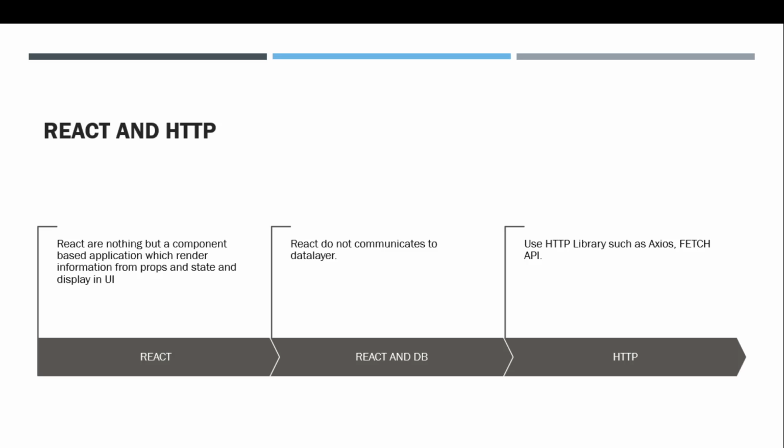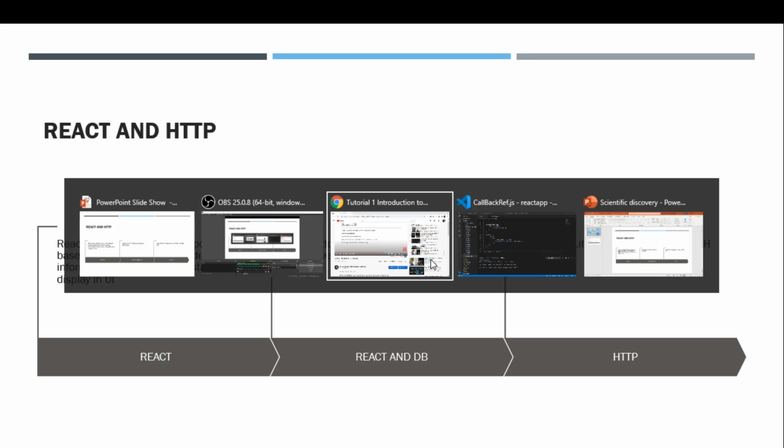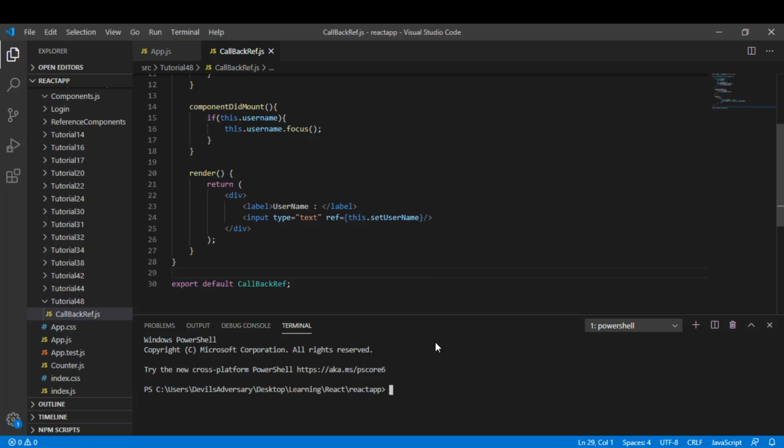And in order to use this, we have to go to our Visual Studio Code, and over here we need to execute one command, that is npm install axios.